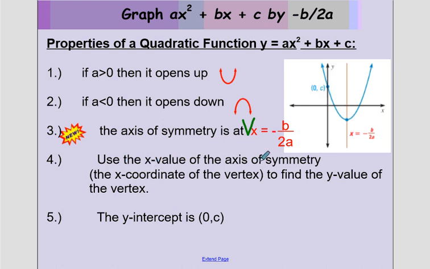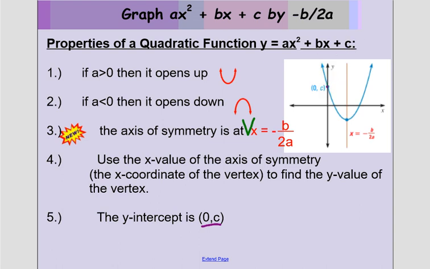Once I have the x value of the axis of symmetry, I find the y value by plugging the x-coordinate into the equation like we've done all along, and then as always, the y-intercept is always at 0, c. If I put 0 in for x, those terms disappear, and the y-intercept will be at whatever the value for c is.